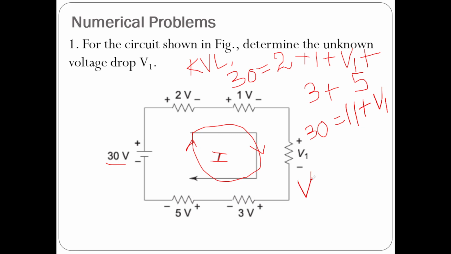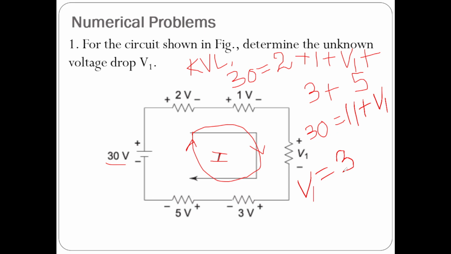Therefore V1 is equal to 30 minus 11. Therefore V1 is equal to 19 volts.